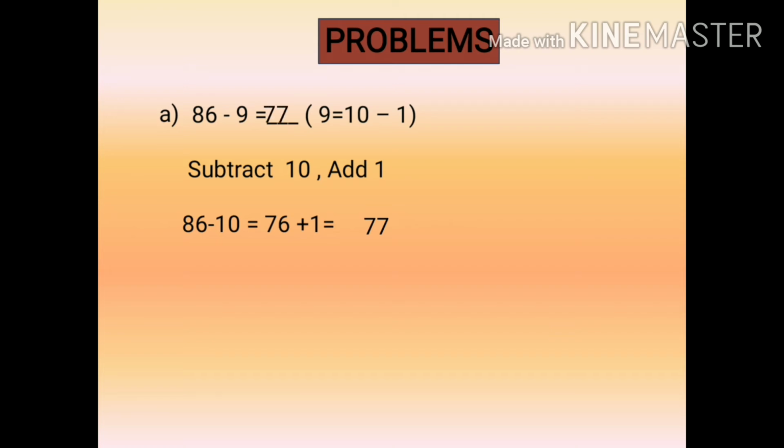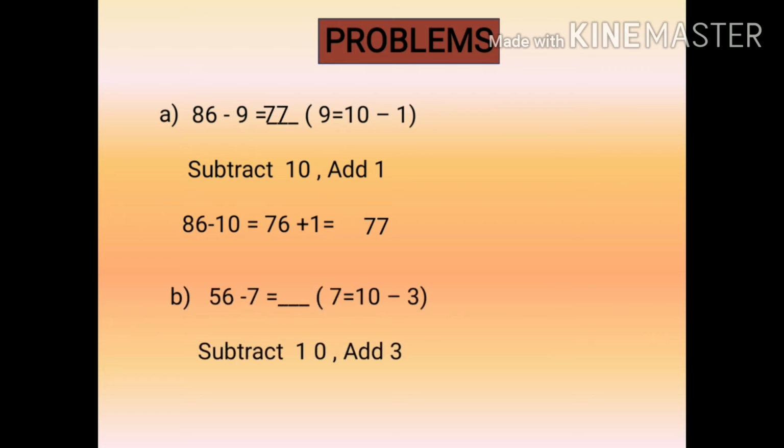Now let us see one more example. 56 minus 7. We know that 7 is equal to 10 minus 3. So we have to subtract 10 and add 3. Now 56 minus 10 is equal to 46, and 46 plus 3 is equal to 49.